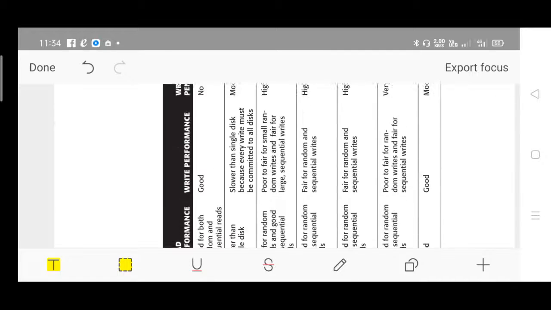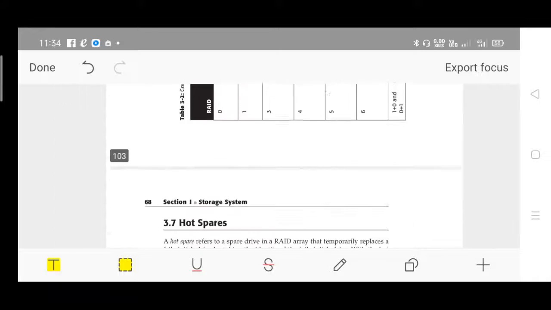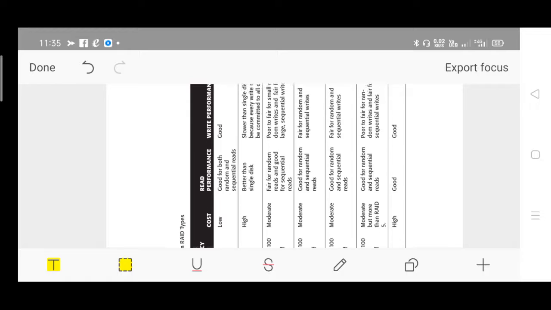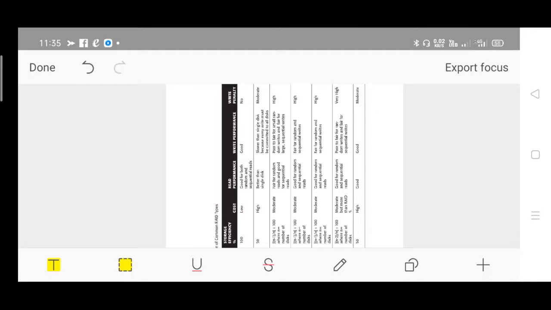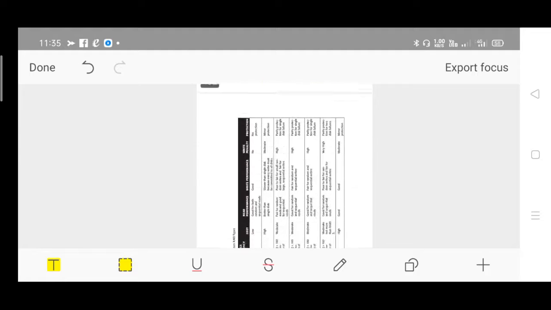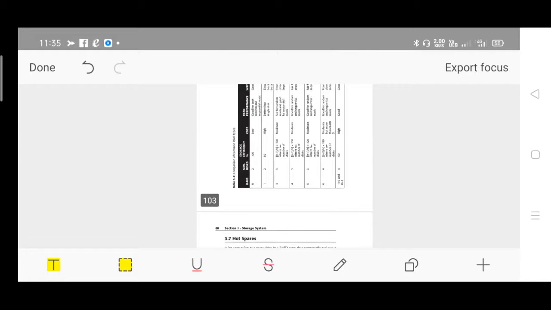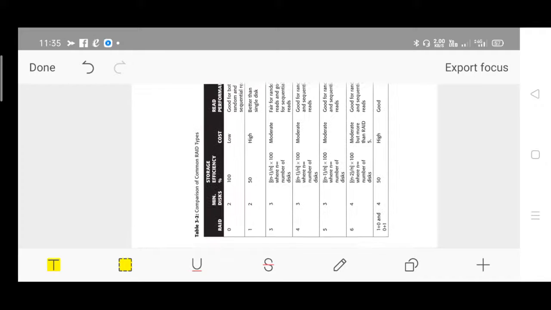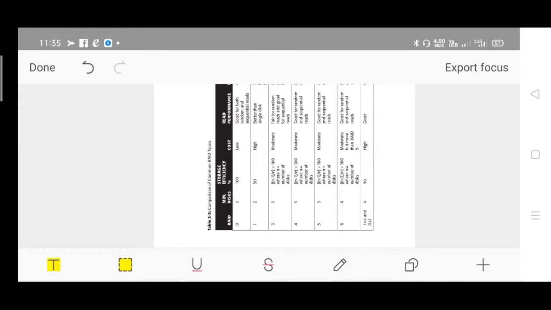Okay. Next is the comparison chart. You can go through it here; the write penalty value, everything is written. Please go through the table carefully. It is on page numbers 102 and 103 of the PDF, and as per the textbook, page numbers 67 and 68.